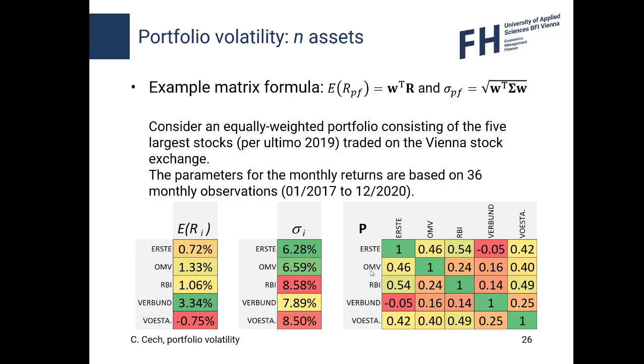For example, the OMV, Raiffeisen Bank International values are really low, and the same holds true for the Verbund correlation with OMV. And in some cases they are elevated, like for example Erste Group and Raiffeisen Bank International, but with a value of 54%, still considerably low, I would say.